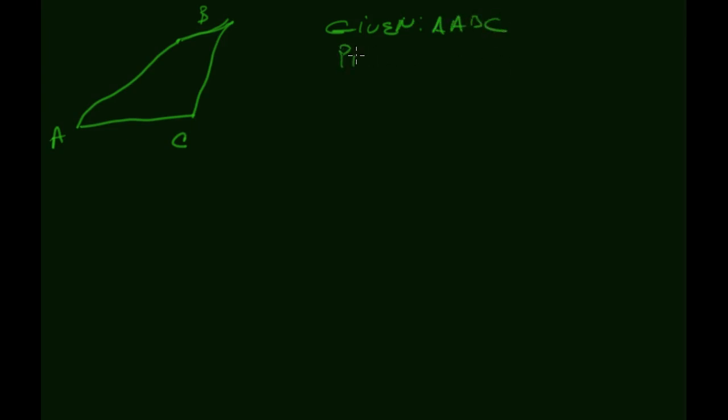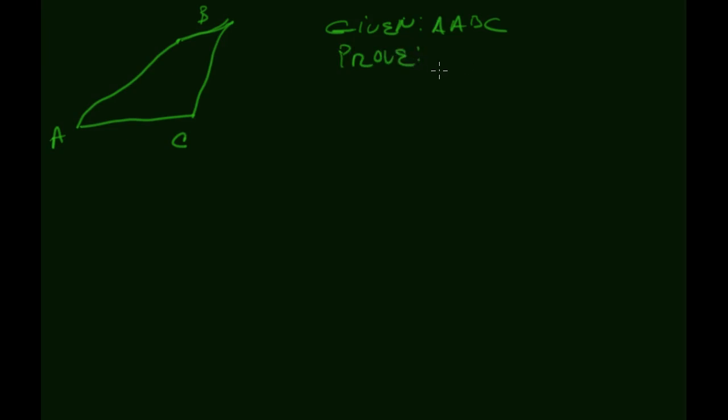Okay, so the triangle inequality tells me that if I'm given a triangle, let's call it A, B, C, then the following have to be true.